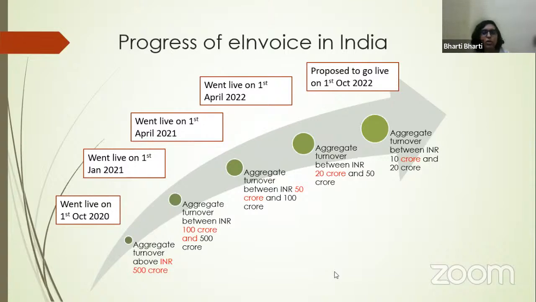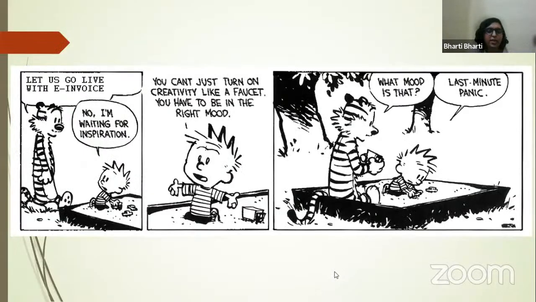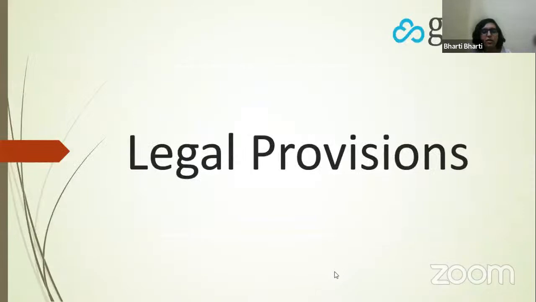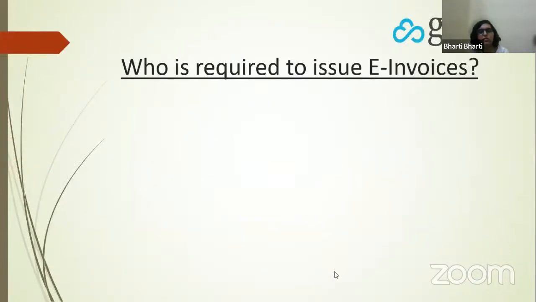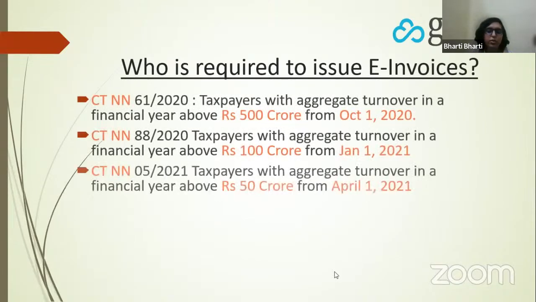Similarly, the latest batch has gone live on 1st of October 2022. We are beyond that point, but we should not wait till the last time to implement e-invoicing. Now let's look at who is required to issue e-invoices.